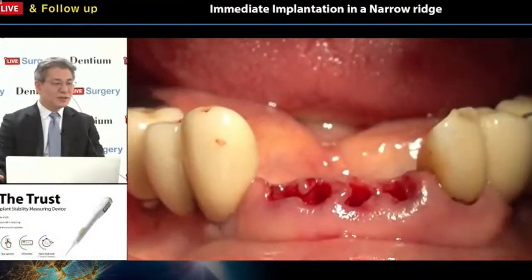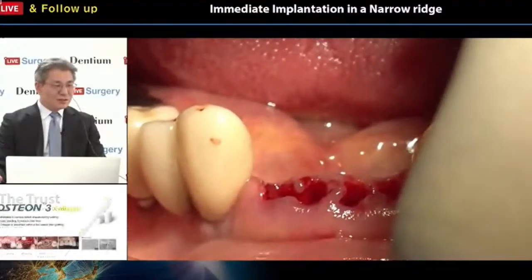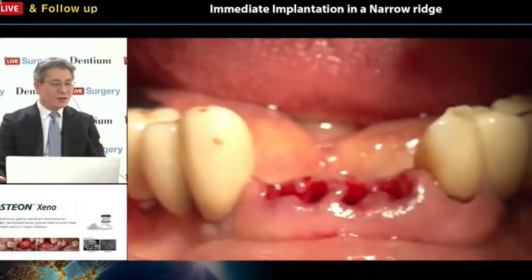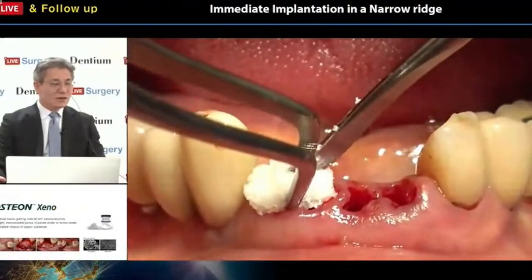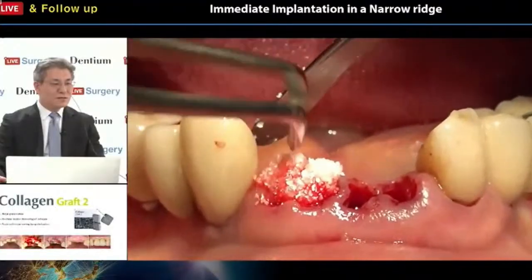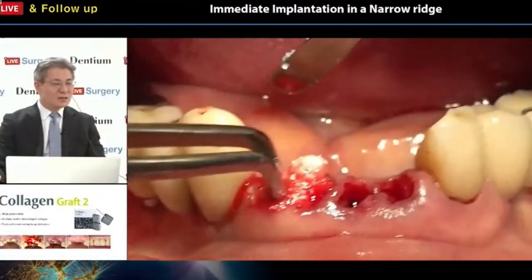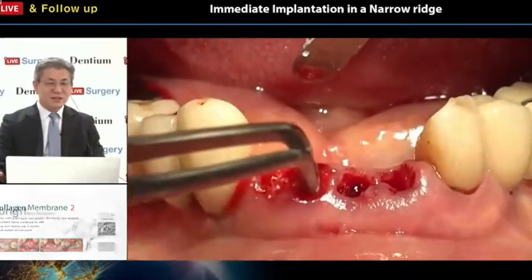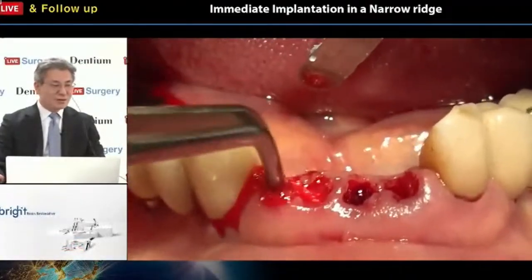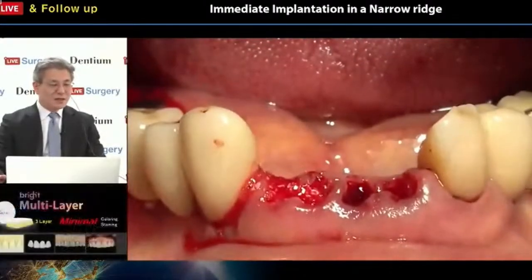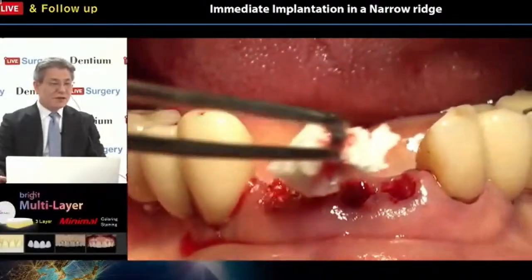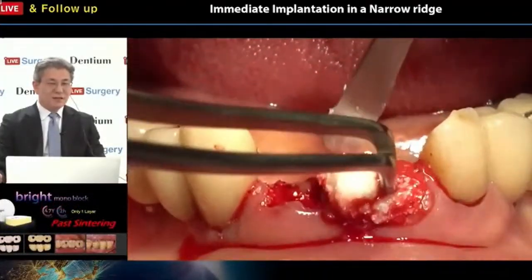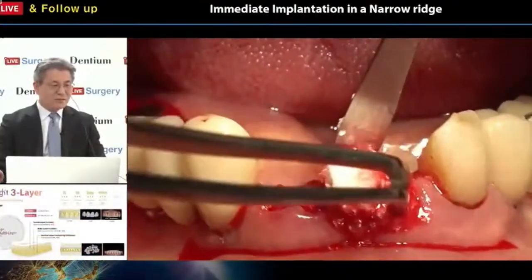First, the exact starting point of drilling on this socket. Because this socket is surrounded by cortical bone, sometimes the drill, even the Lindemann drill, slips easily. However, this high-speed bar has no slipping, no sliding, and we can get exactly the starting point.